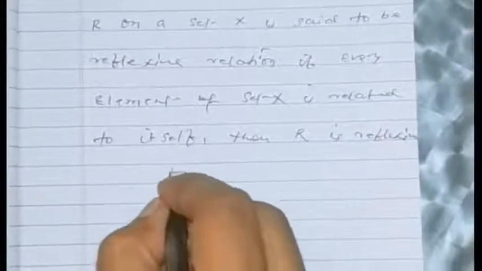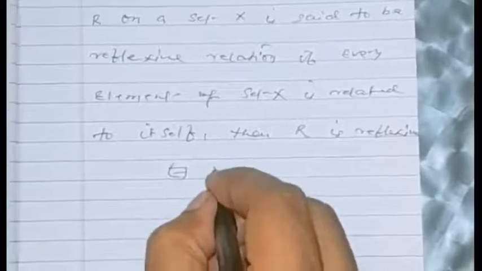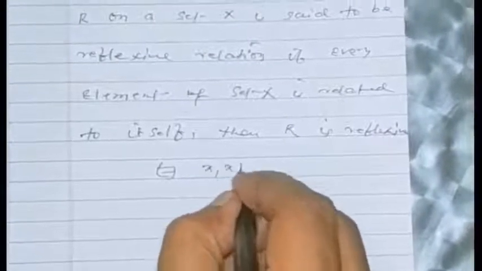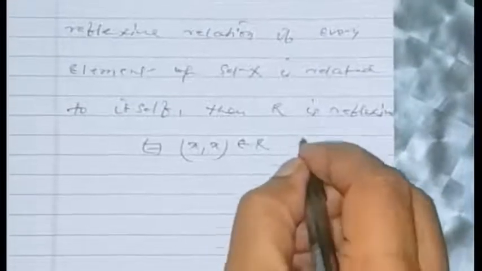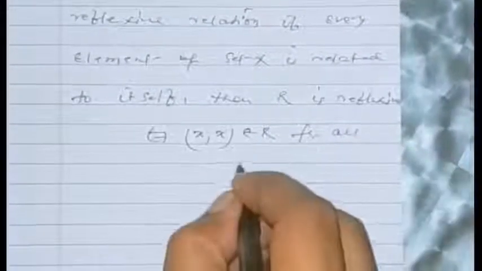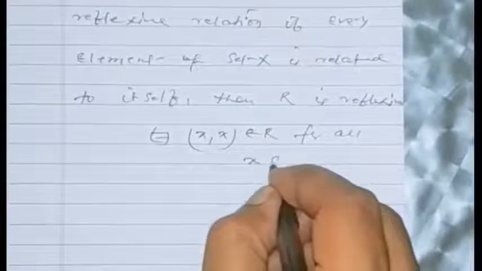This implies (x, x) belongs to relation R for all x belongs to capital X, that means set X.